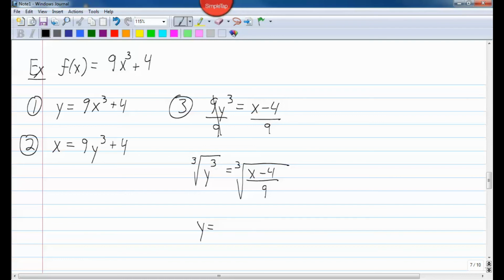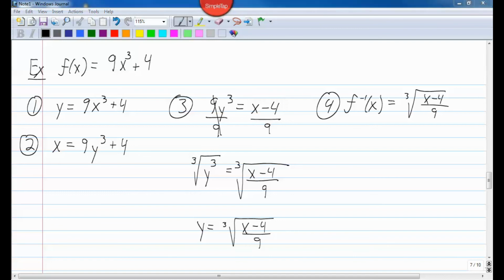The right side just becomes the cube root of x minus 4 over 9. So I've solved for y. Step 4 is to write f inverse of x equals the cube root of x minus 4 over 9. That's my answer. Final answer right there.